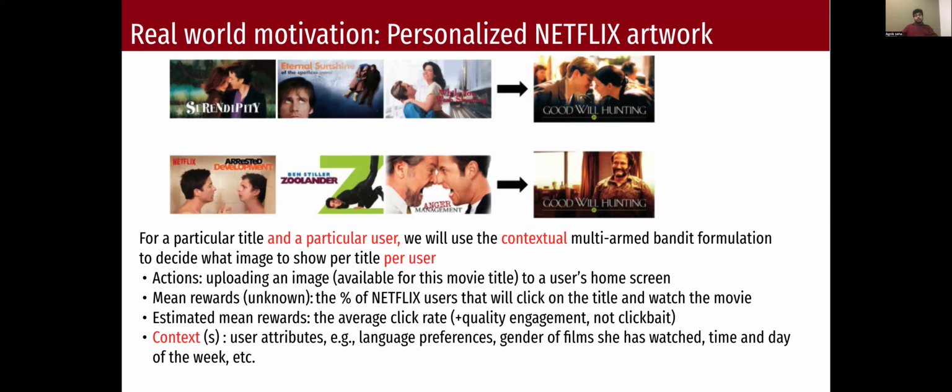The context can be user attributes, such as language preferences or genres of films watched, and the time of the day or the day of the week. In this Netflix artwork problem, they actually use a contextual multi-arm bandit. So that's all for this lecture.